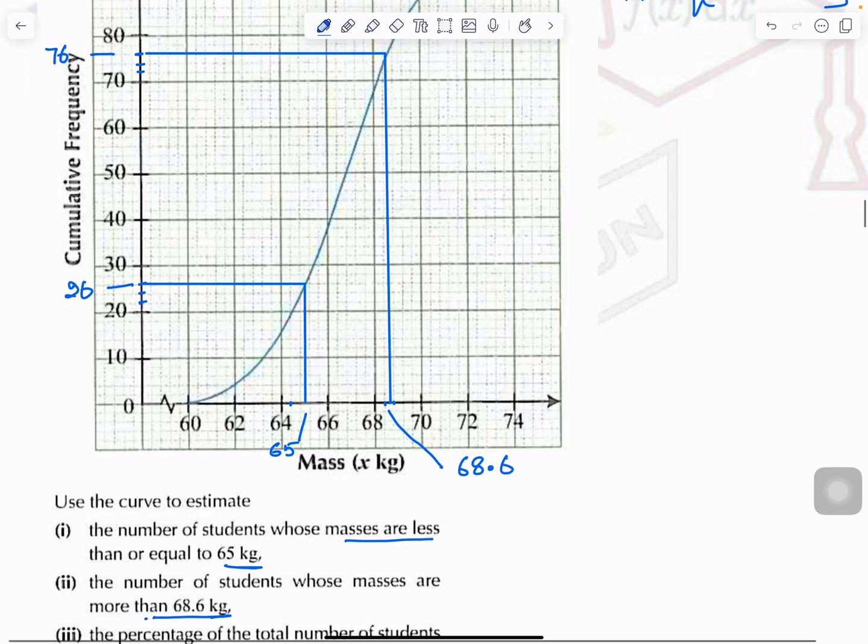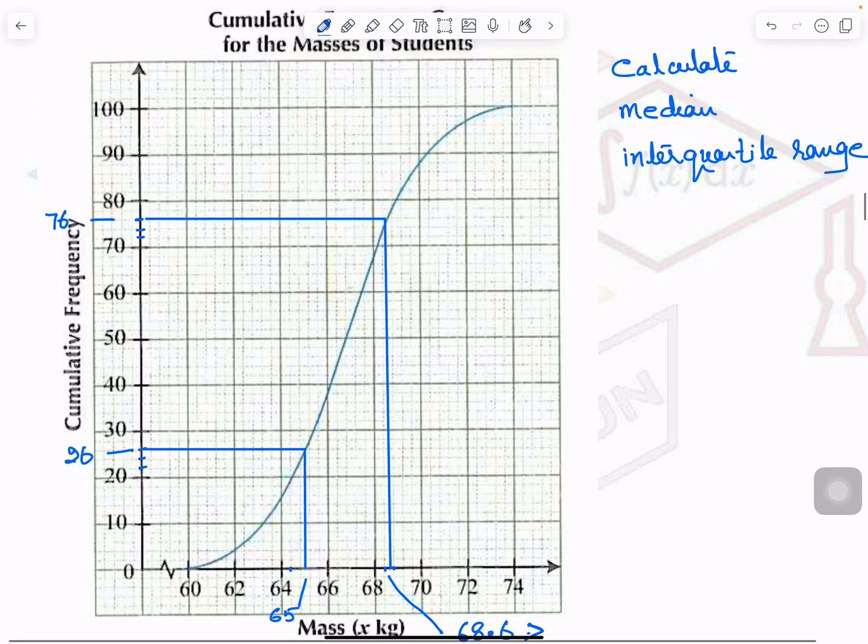But what I have to find out is more than 68.6. It means I want to know the number of students who come here, because these are the students who have mass more than 68.6 kg, and those students are on this part of the curve.